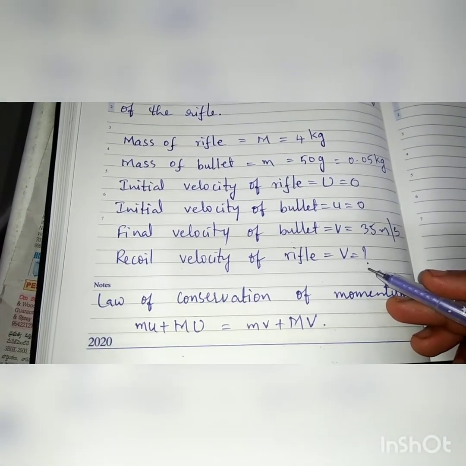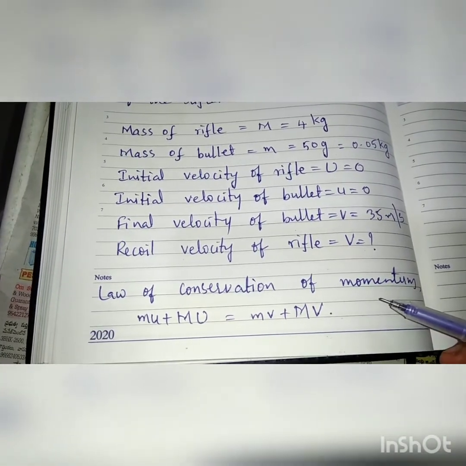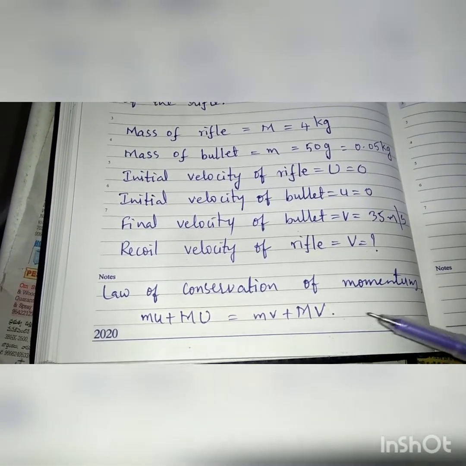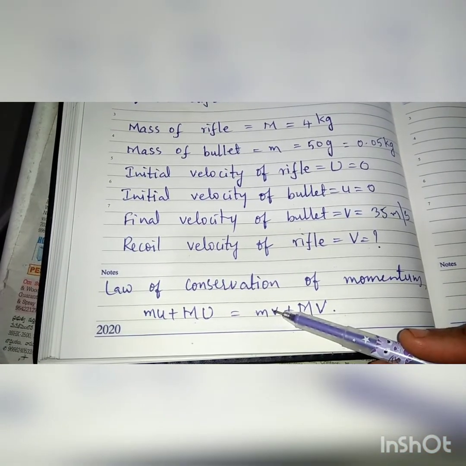Then recoil velocity of the rifle we have to find out, that we are taking as capital V. And we already have the law of conservation of momentum: total initial momentum equal to total final momentum.